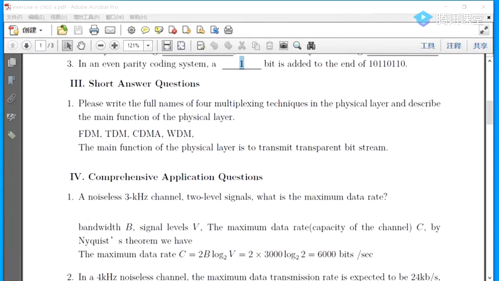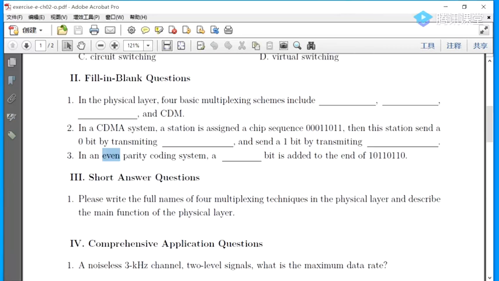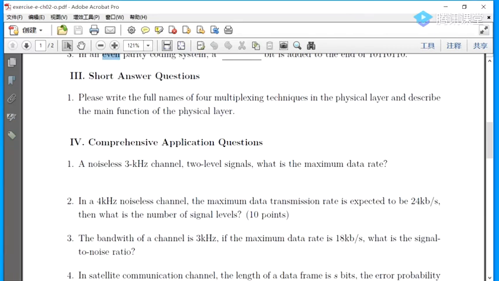Short answer questions. Please write the full names of the 4 multiplexing techniques in the physical layer and describe the main function of the physical layer.